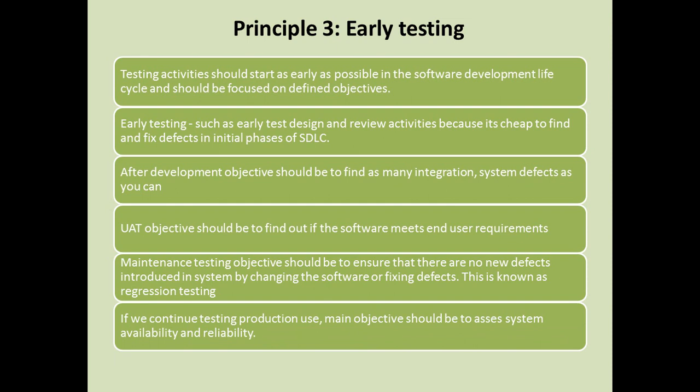The main objective of testing in a production environment is to ensure that the system is always available and reliable for the end user. So principle 3 says start testing as early as possible. Do not delay the testing process to later phases. Otherwise, it will again be a huge amount of effort in rectifying those design or requirement issues and then testing it again.